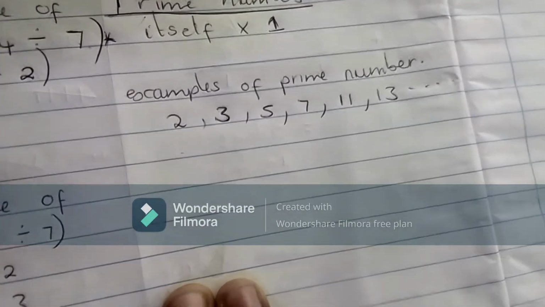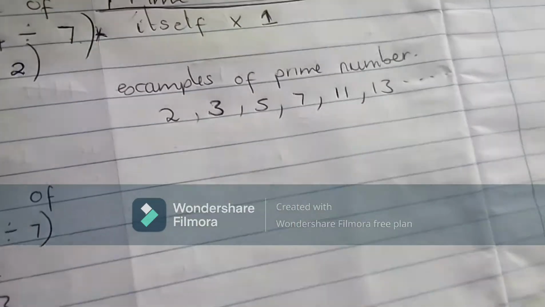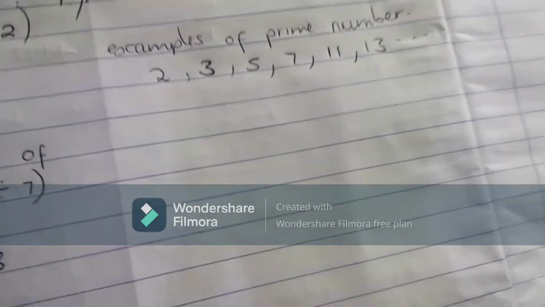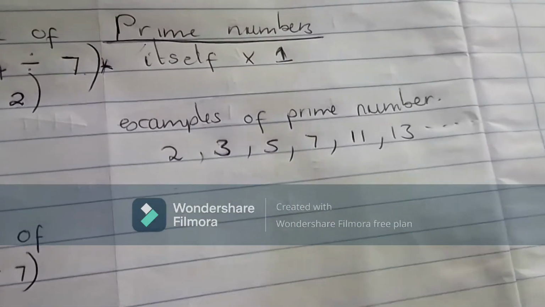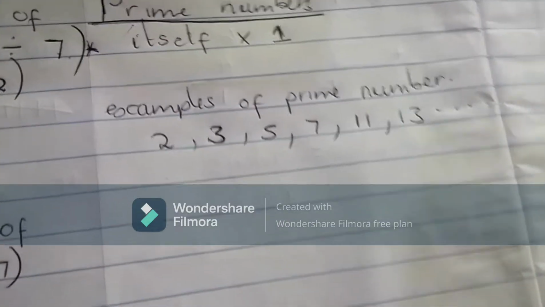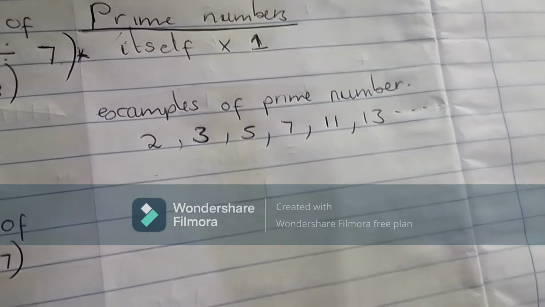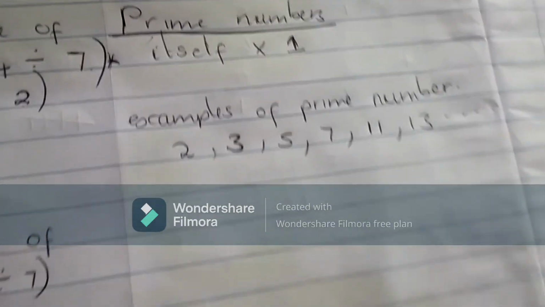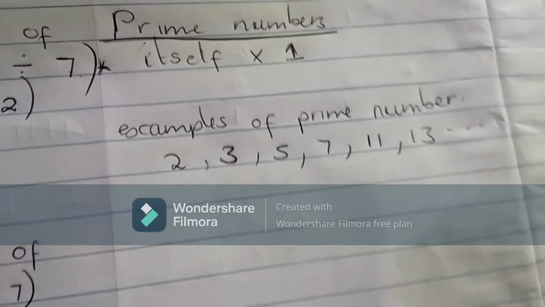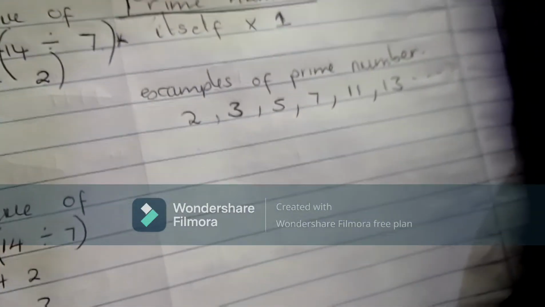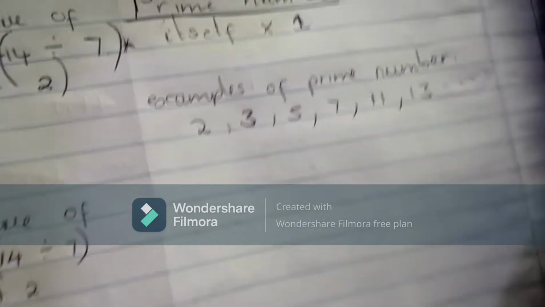They are just many, we cannot finish them. But the important point is 1 is never a prime number. 1 is not a prime number. So that's it.